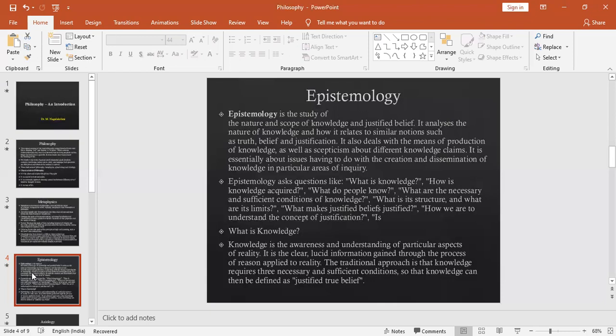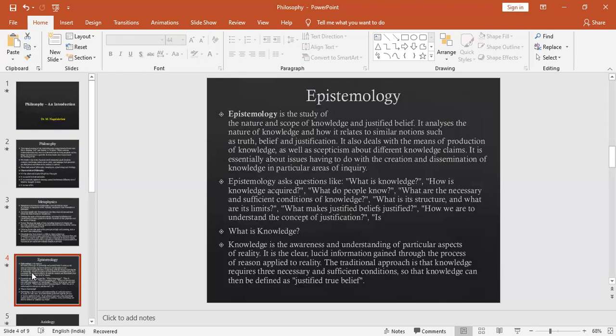So what is knowledge, and how do you consider people who have knowledge of a particular thing, and what is their benchmarking, right? What is its structure, and what are its limits? What makes justified beliefs justified, and how are we to understand the concept of justification, right? So these are the things that you have to answer when you study epistemology.